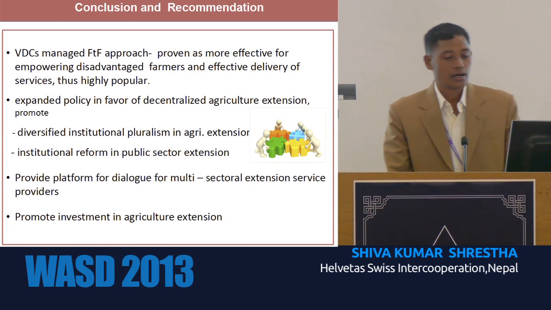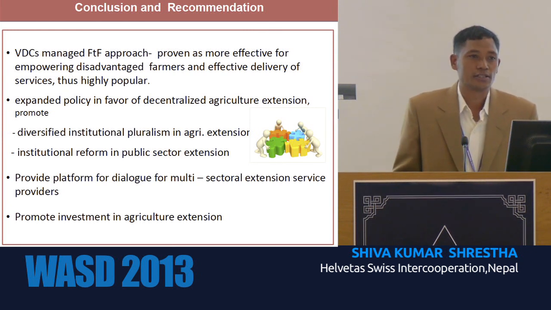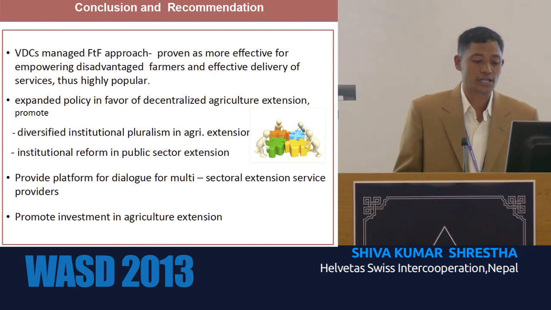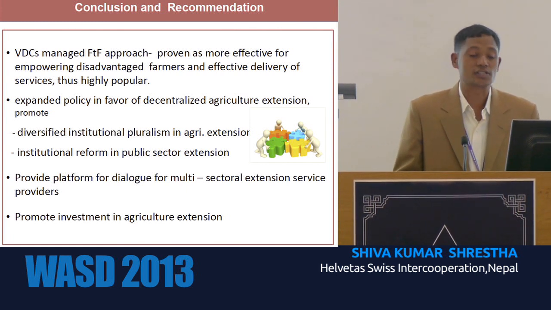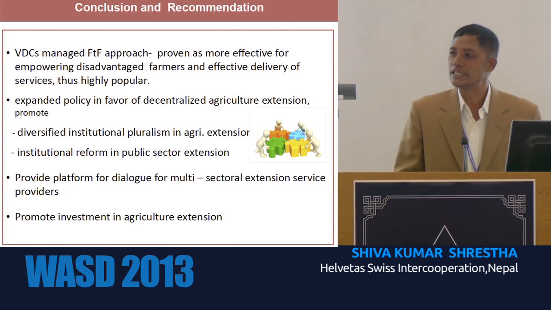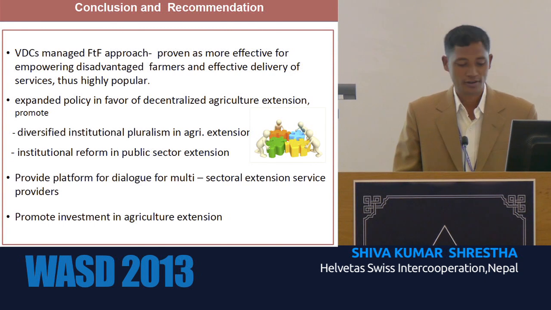And there is a need to provide a platform for dialogue for multi-sectoral agricultural extension service providers in Nepal. And there is a need to promote agriculture as an investment in the agriculture sector.